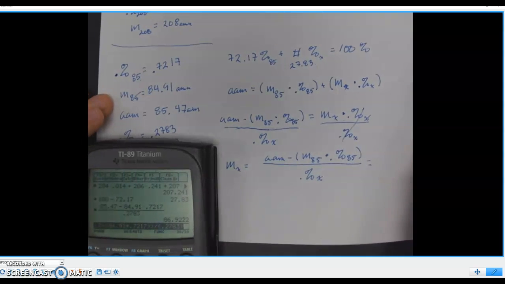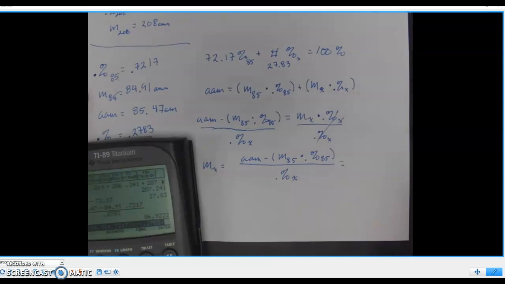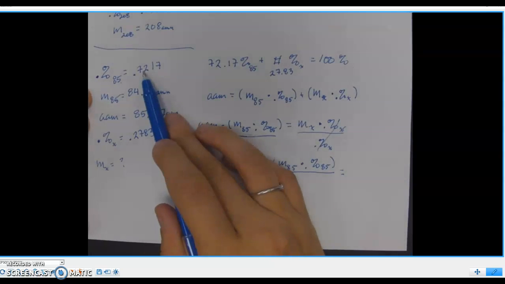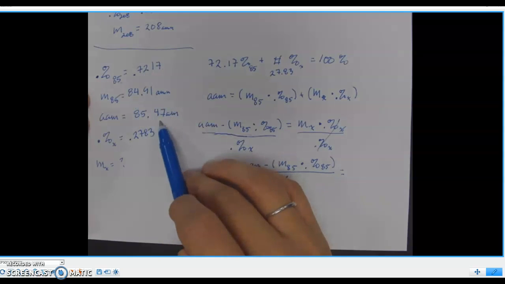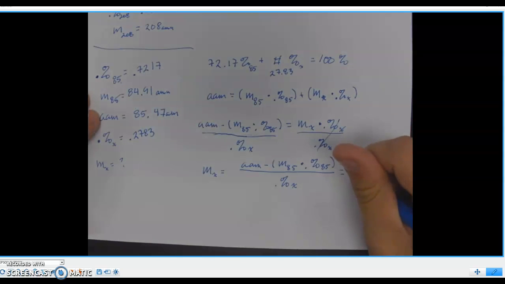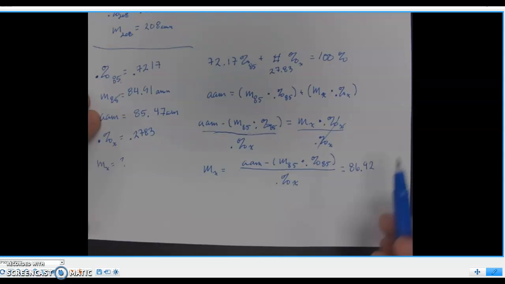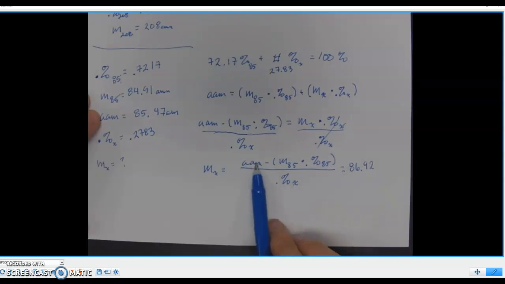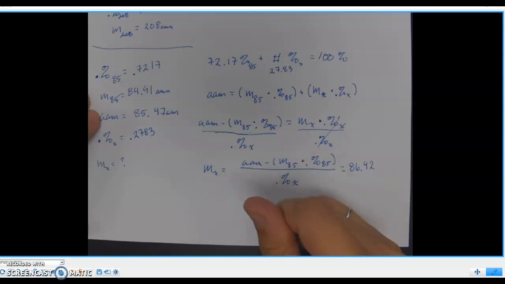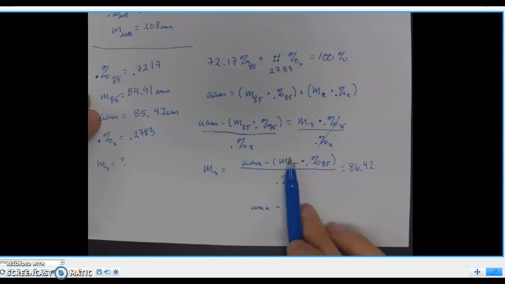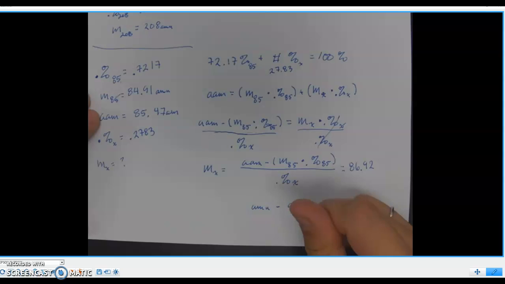So this is going to equal, let's see, 4 sig figs, so this is going to be 86.92 units. Average atomic mass was in AMU, and I subtracted that from mass, which is in AMU, multiplied by a unitless, so AMU, divided by a unitless.